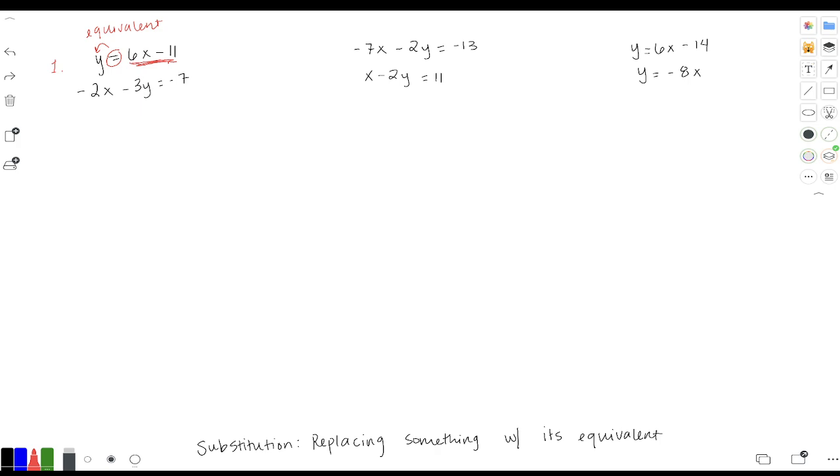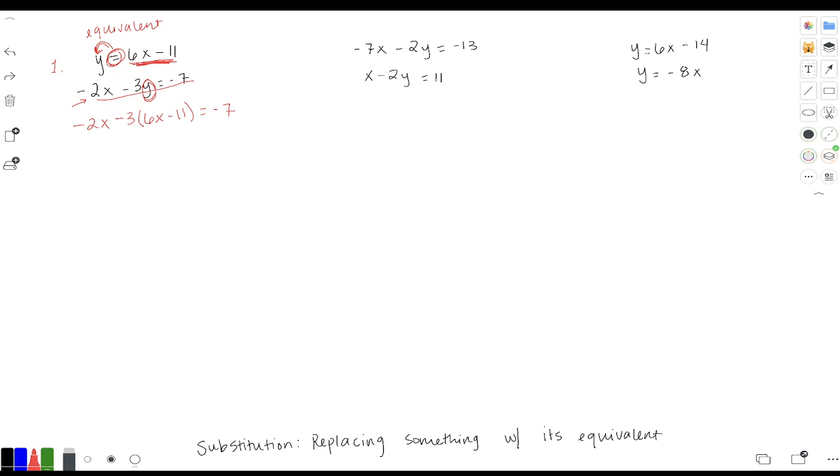So if we look down here at this second equation, you'll see we have a y. Okay? If we have a y, that means that we can take this equivalent that we just found, and instead of having y there, we can plug in our 6x minus 11 because we know that it is equal to y.